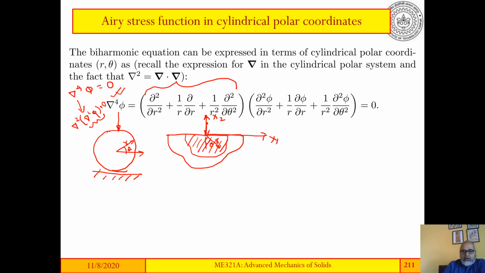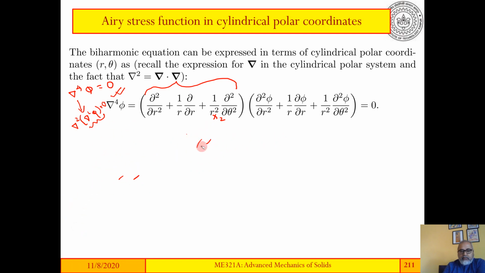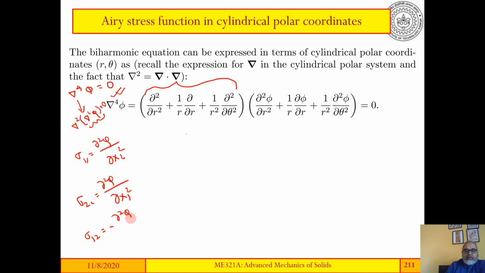Now, in the Cartesian system, the stresses, remember, were given by sigma 1 equal to del square phi by del x2 square, sigma 2 equal to del square phi by del x1 square, and sigma 12 equal to minus del square phi by del x1 del x2.